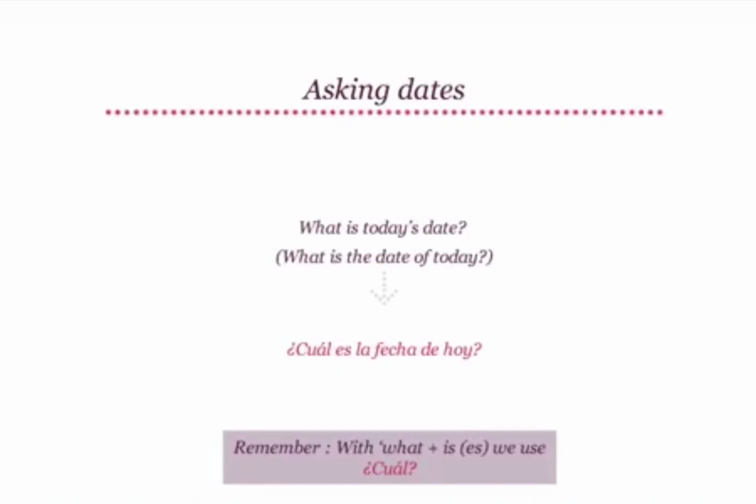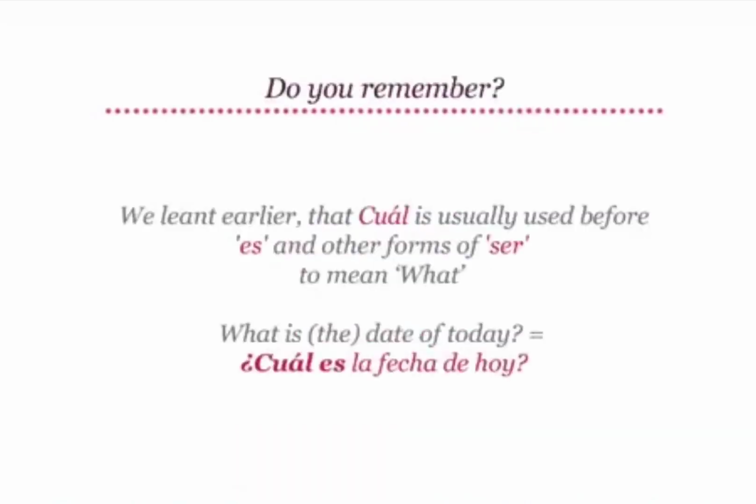Always remember that with what plus is we use cuál. We learned earlier that cuál is usually used before es and other forms of ser to mean what. What is the date of today will become ¿Cuál es la fecha de hoy?